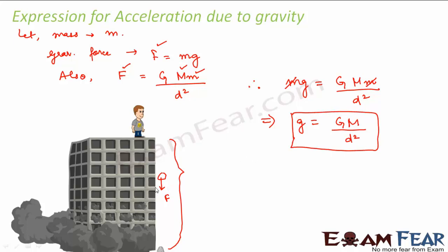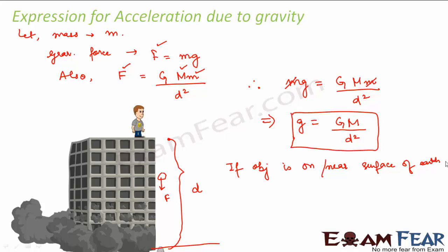Now if the object is on the surface of the earth, or it is very near, in this case this object was at a distance d from the surface of the earth, right? This is the surface of the earth. Now let us suppose the object is on the surface of the earth or near the surface of the earth.